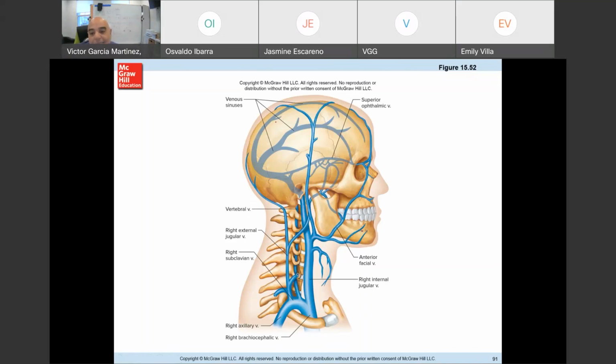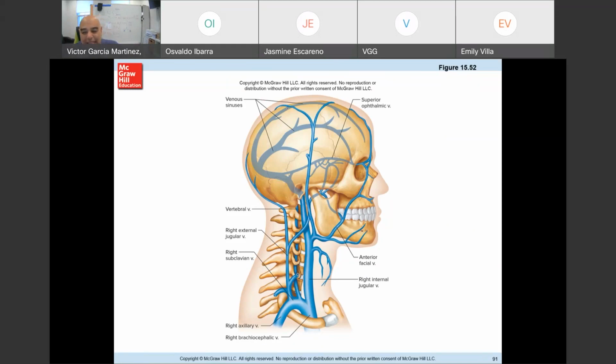In your head, you use these sinuses. These sinuses are located mostly around your meninges. If you remember the meninges, you have the membranes around your brain: dura mater, arachnoid mater, pia mater. Then they are draining all of this blood in these sinuses.